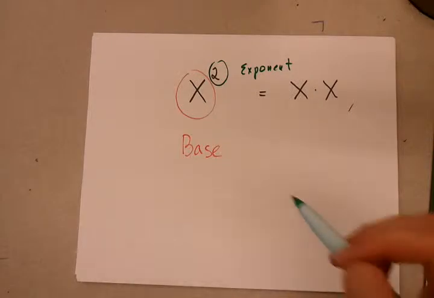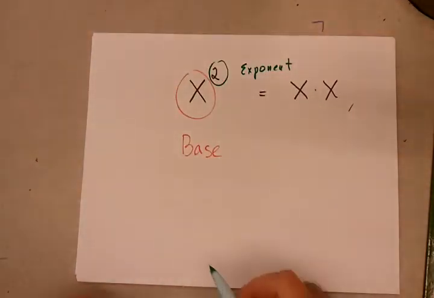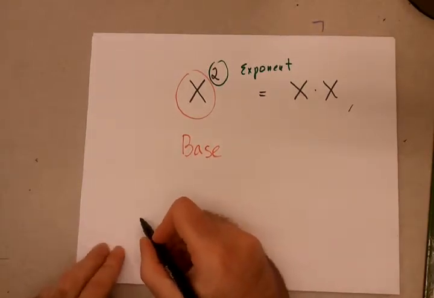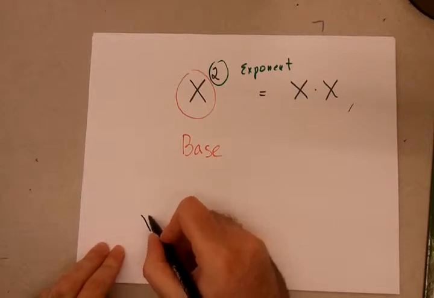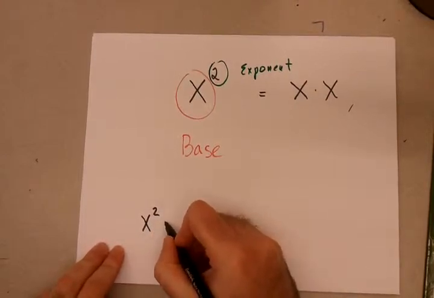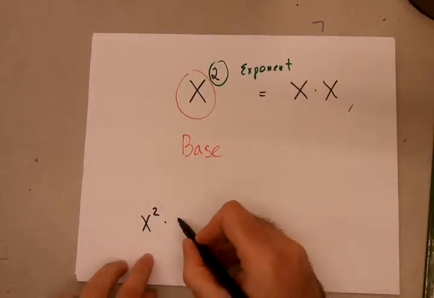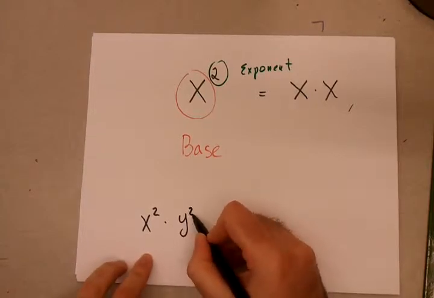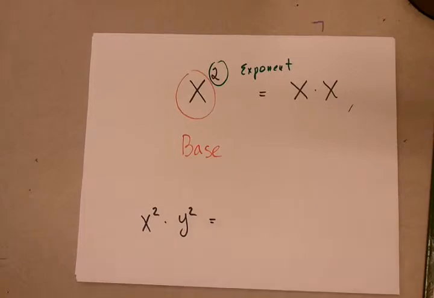For example, if I gave you this, and I told you to solve this, you really couldn't do anything aside from maybe writing them next to each other, but you couldn't really come up with a product here because the bases are different.